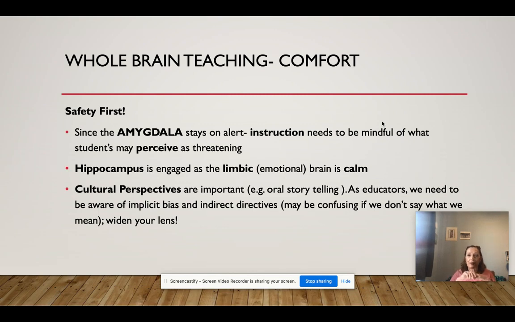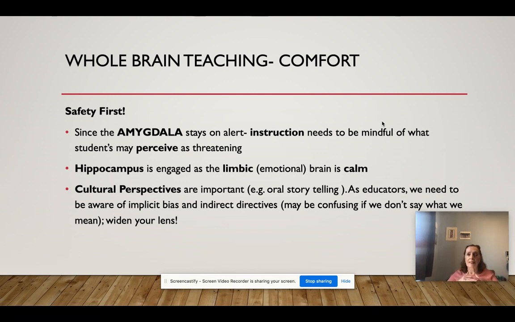So if a student is being yelled at, their amygdala may go into a fight, flight, or freeze state, and the thalamus may not get the information over to the hippocampus, which is where memory is, and they may not be able to say or even remember what the rule is, right?